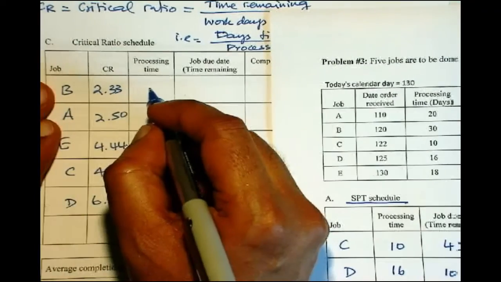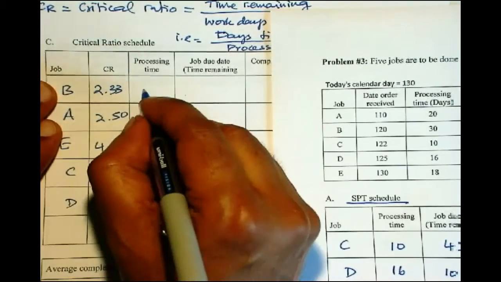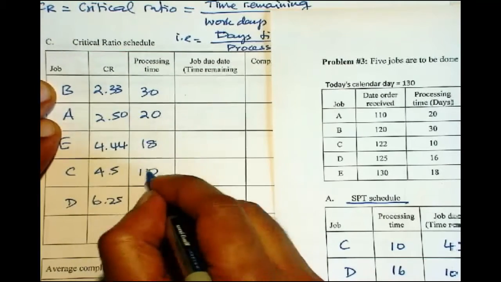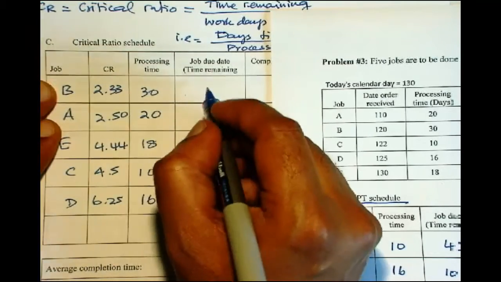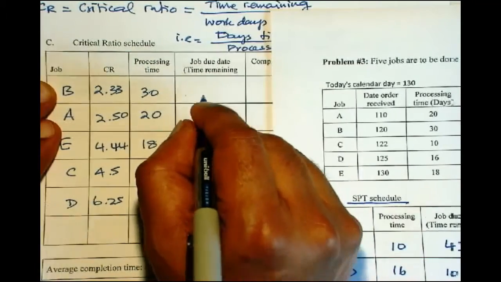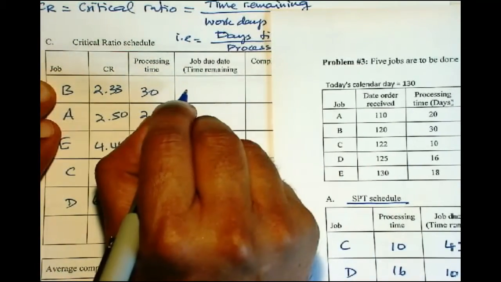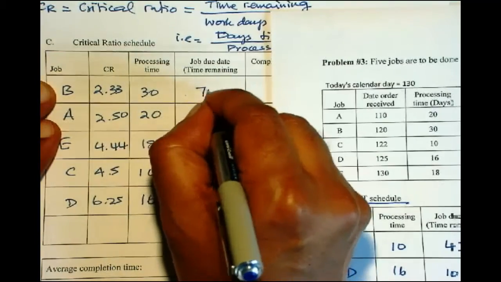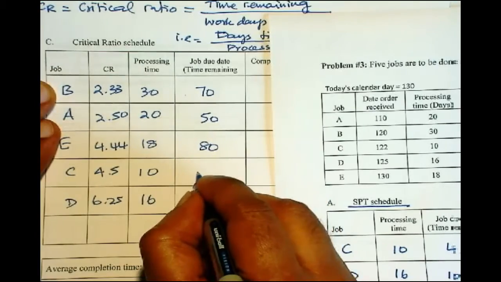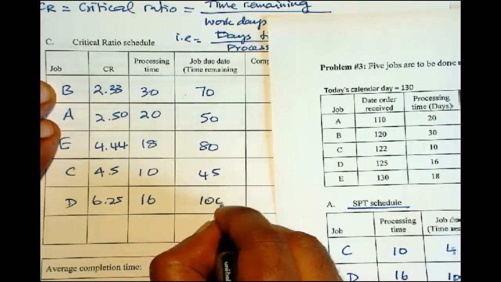Now let's get the processing time and the delivery due date entered here. So the processing time for B is 30, 20, 18, 10 and 16, and the job due date time remaining is 70, 50, 80, 45 and 100.